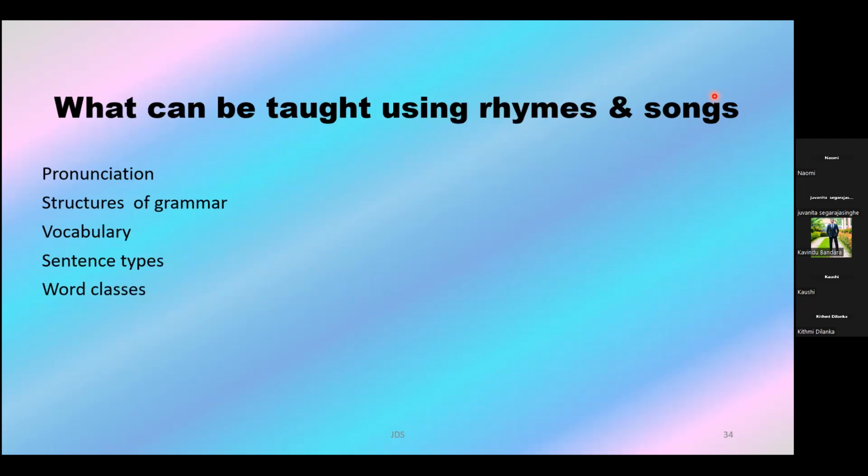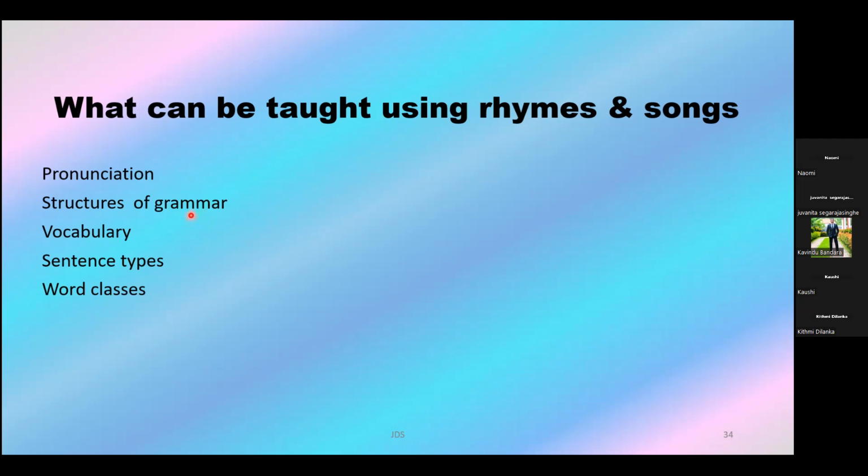What can be taught using rhymes and songs, right? So it's given over here. You can use pronunciation, the most important factor. Structures of grammar, right? It can be the plural forms or something related to the tense, or maybe ing, passive, right?